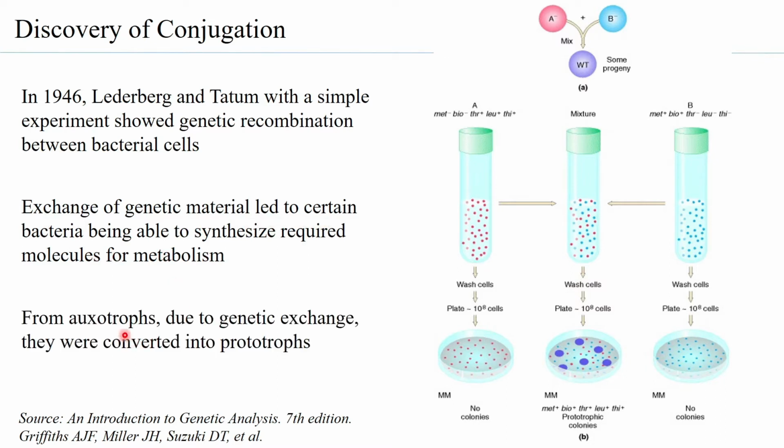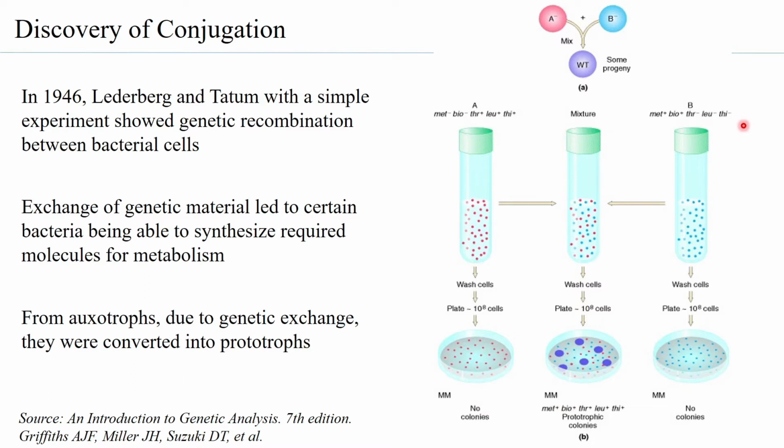And from auxotrophs, due to the genetic exchange, they were converted into prototrophs. So the colonies that are growing over here are growing on minimal media. You would understand that strain A, which is an auxotroph, cannot grow on minimal media.